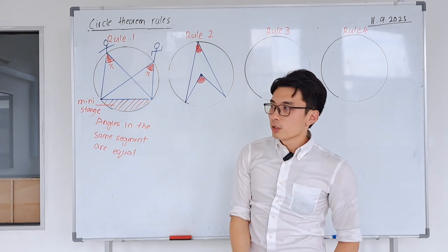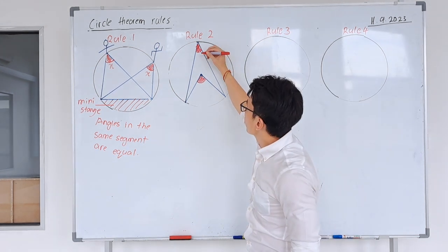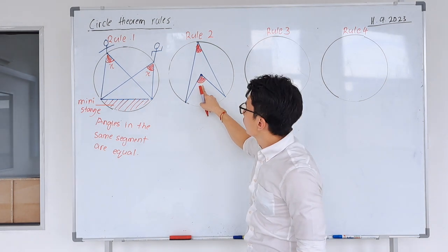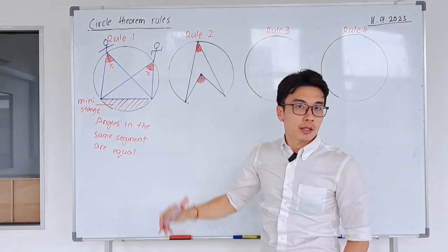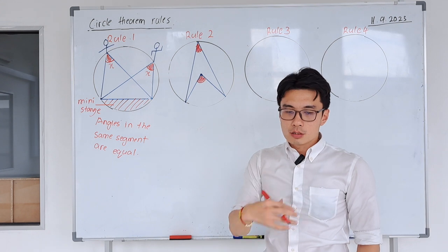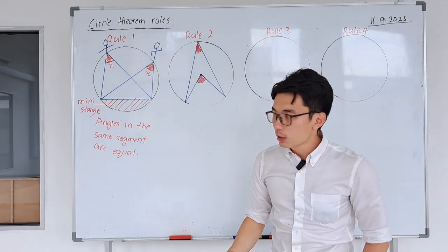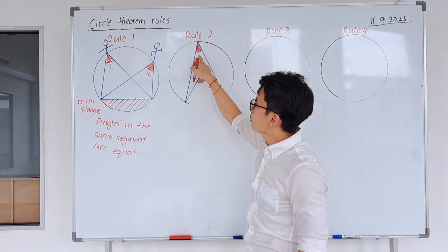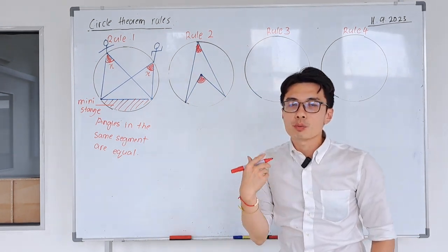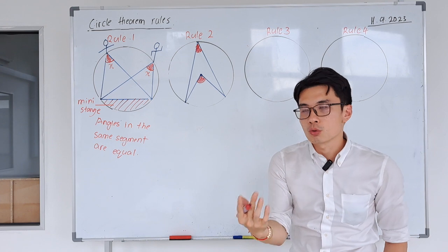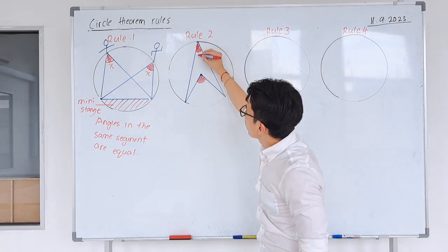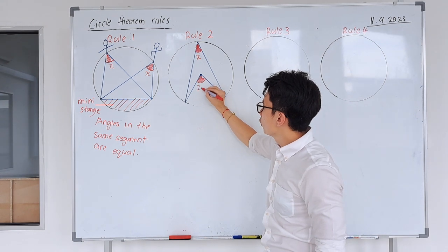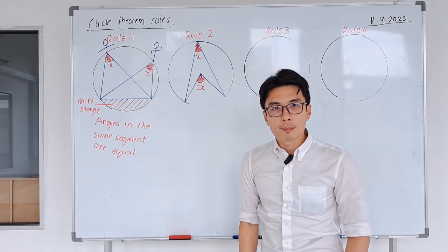Assuming you have already done measuring, you will notice that this angle is always 2 times this angle. You can check your measurement again. So if we would like to write an expression to show that, if this is angle x, this will always be 2x over here.